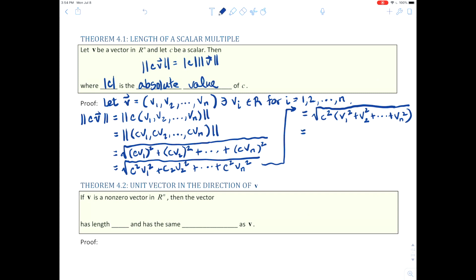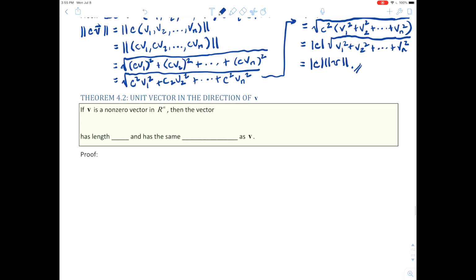Well, this will be equal to the absolute value of c times the square root of v1 squared plus v2 squared plus all the way down to plus vn squared. But what is that? Beautiful. That's equal to the magnitude of v. And so we've done our proof. Cool, cool?